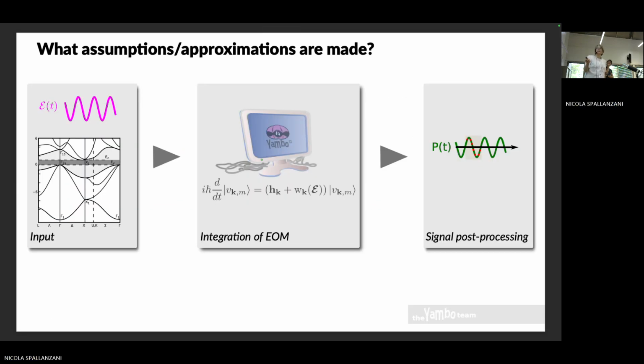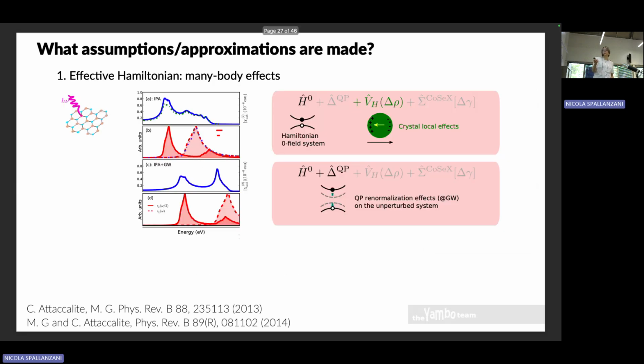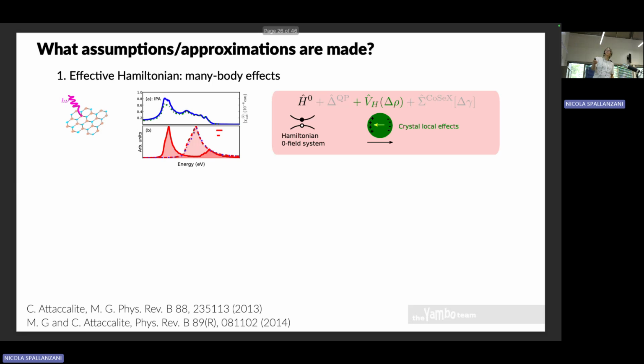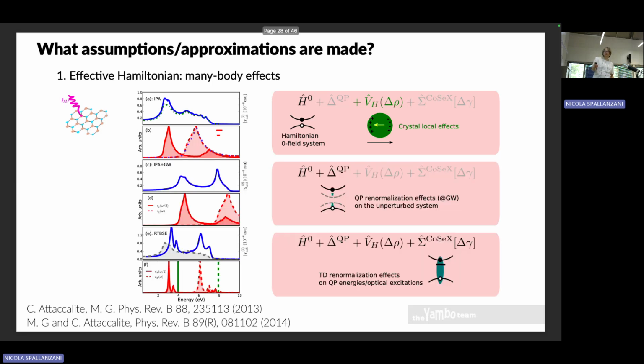Yes, it depends on the experiment. In this experiment you have a monochromatic field, and to get this spectrum, which goes over several electron volts, for each point you need to just repeat the experiment.